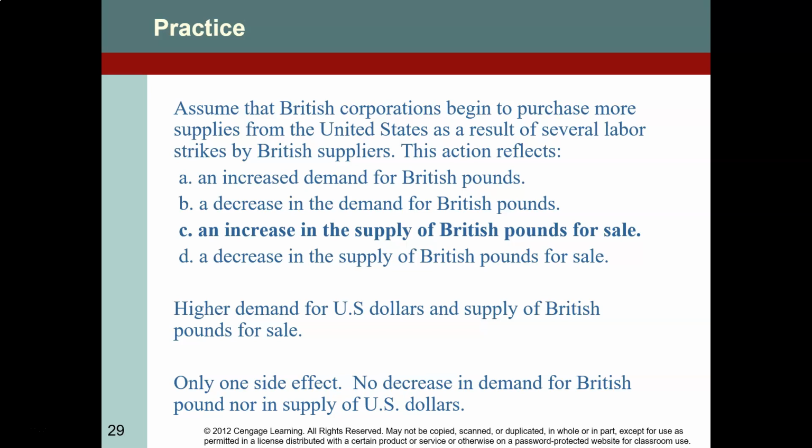So there's a supply increase in British pounds for sale and a higher demand for US dollars. Okay, and this is only one side effect, no decrease in demand for the British pound nor in supply of US dollars.